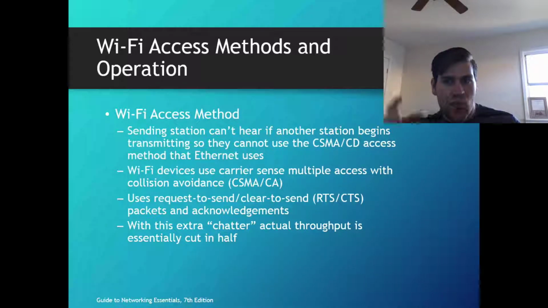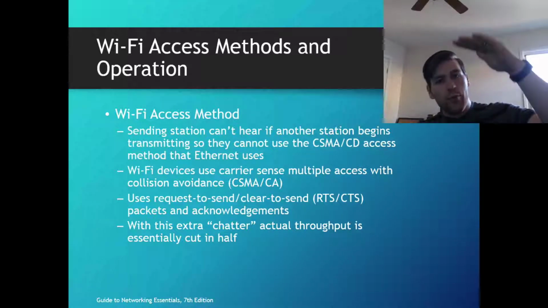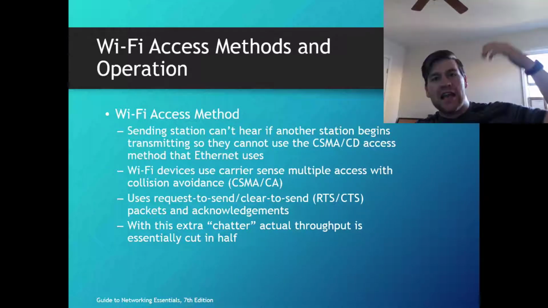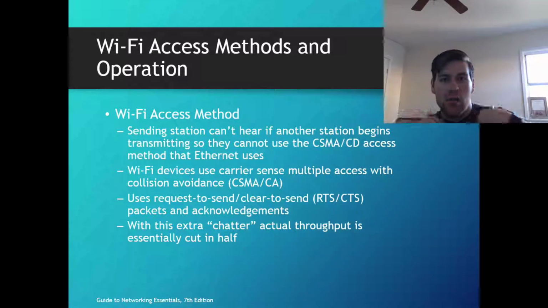It's known as overhead on the network. So all this extra overhead on your network is causing a little bit of extra latency in the ability to send data. So the actual throughput, the amount of data being transmitted between a device and a wireless transmitter and a wireless receiver, is usually about cut in half.